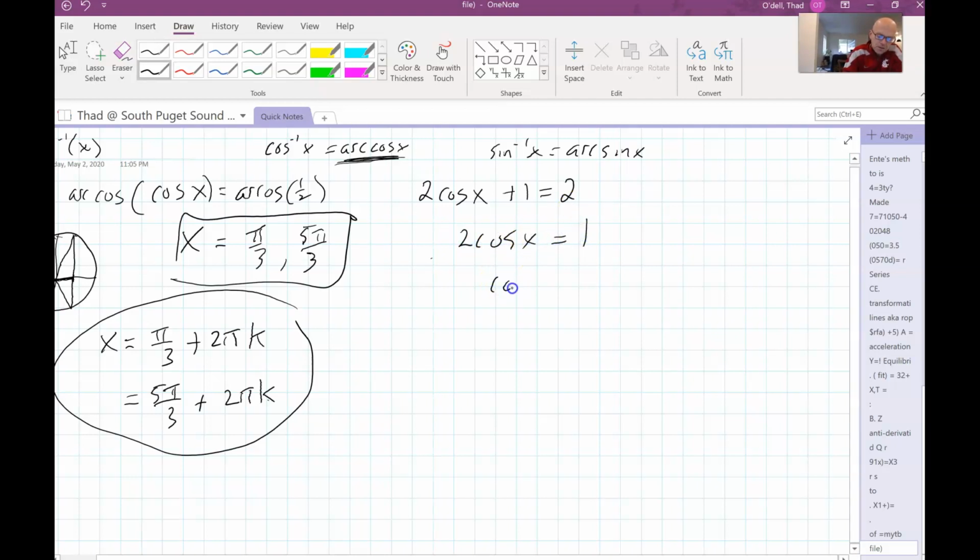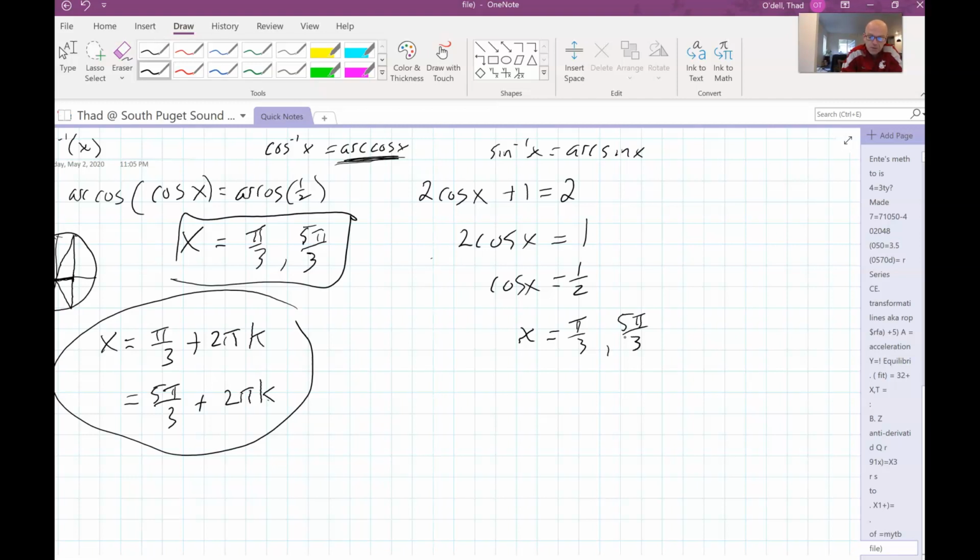Divide both sides by 2, and I get cosine x is equal to 1/2. And notice we end up with that same thing we had before. So at this point, I take arc cosine of both sides, and I get x equals pi over 3, 5 pi over 3. And again, that would be my answer if they asked me for just the answers between 0 and 2 pi.